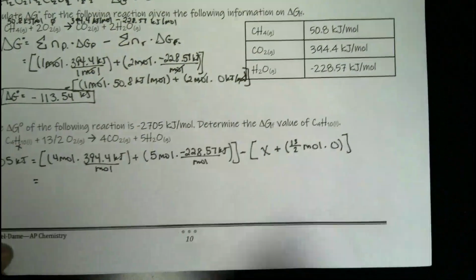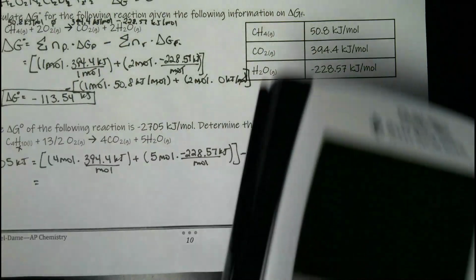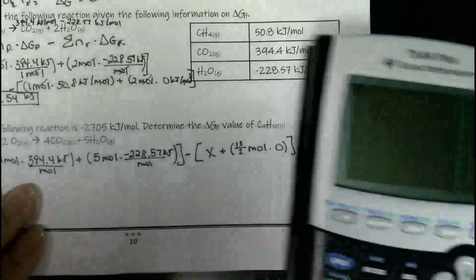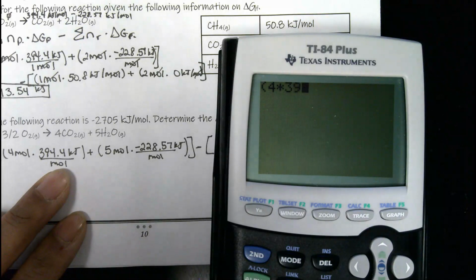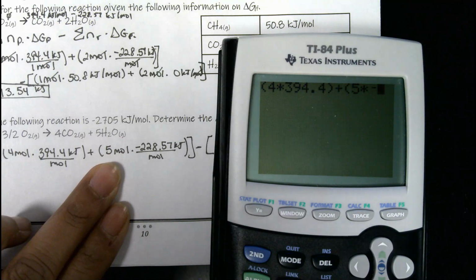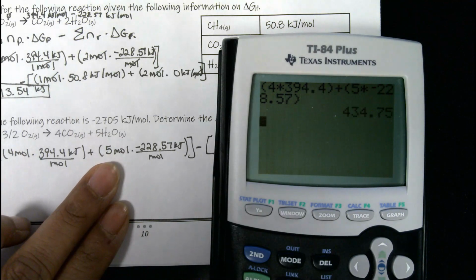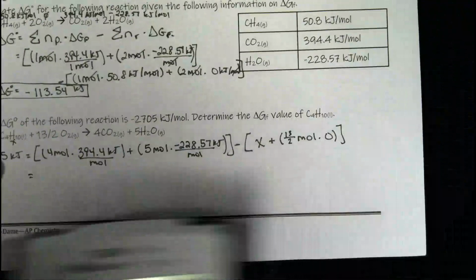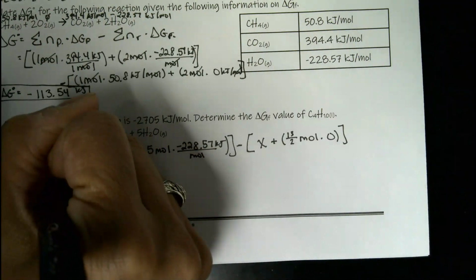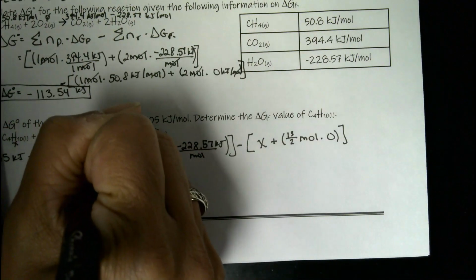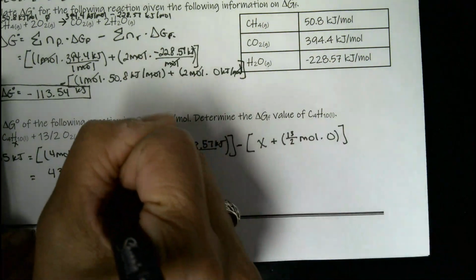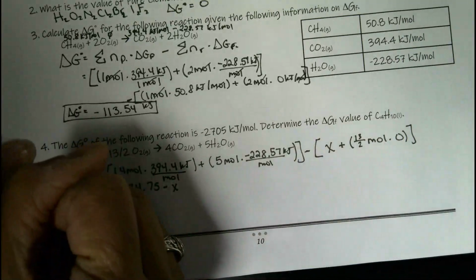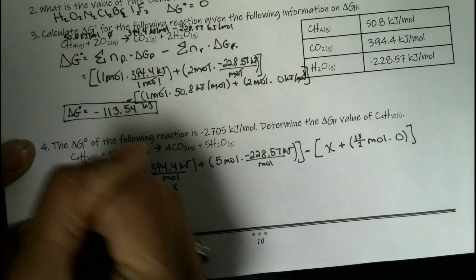Cool. So when I multiply or figure out this side over here, in parentheses 4 times 394.4 plus 5 times negative 228.56. All right, cool. So if I need to keep this simple, it's 434.75 minus, well, this is equal to 0, so that's minus X. Bring this down if I need to, 2705.